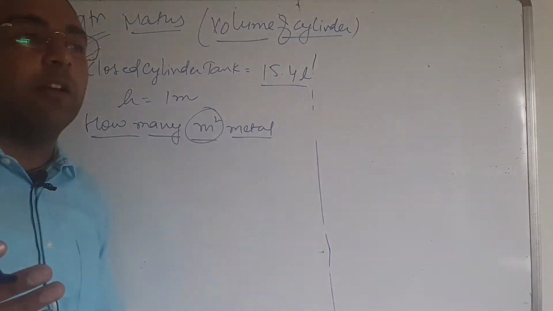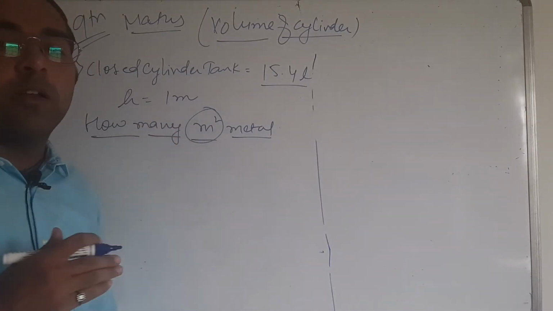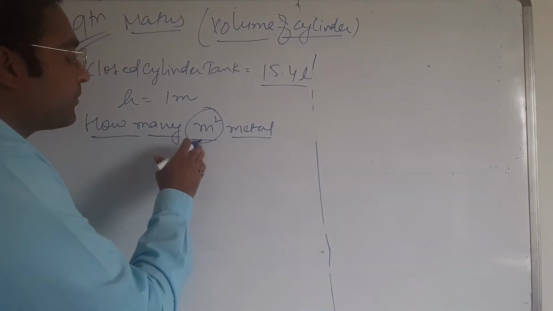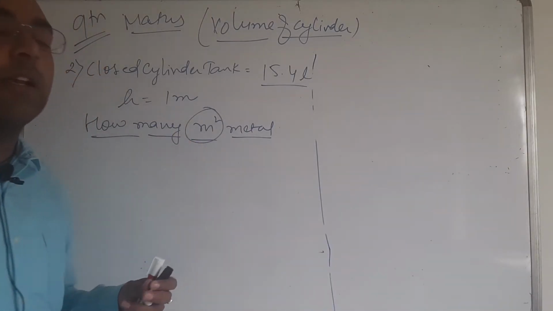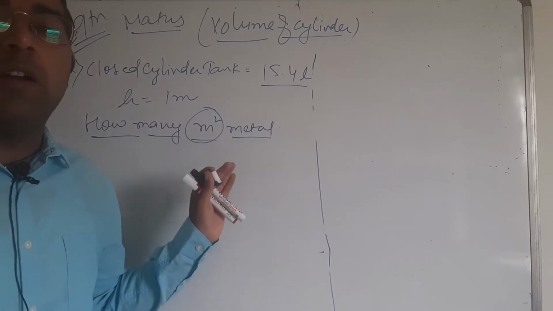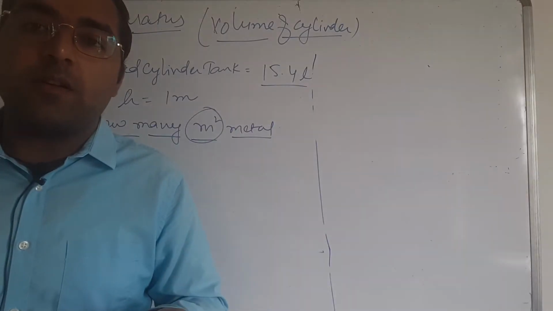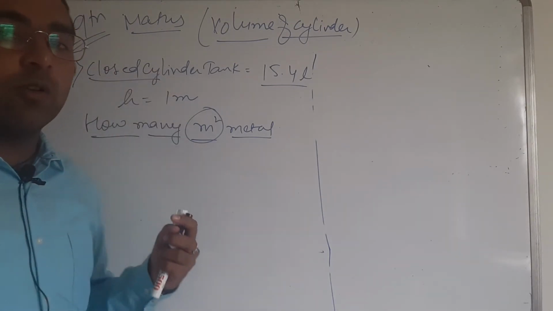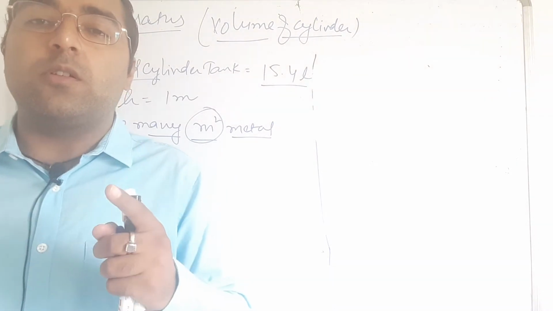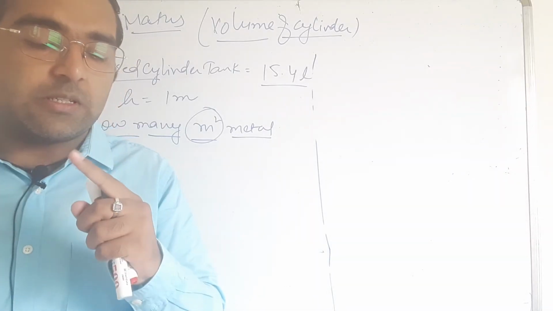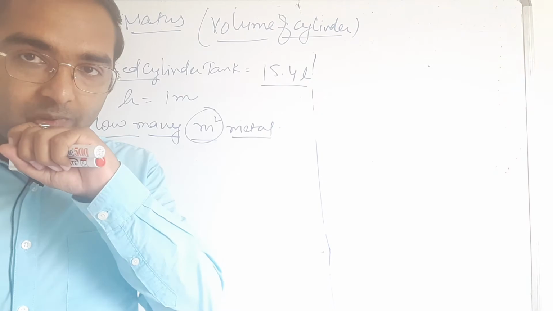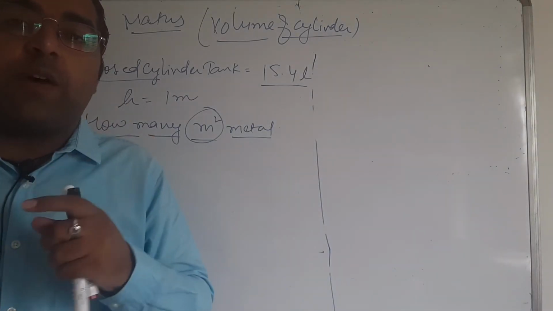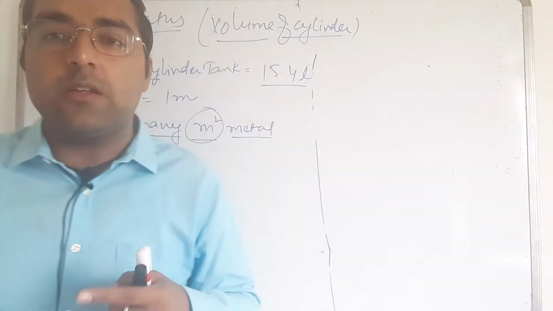So we know that whenever we have to find meter square, that means we have to find surface area. But which surface area? Closed surface area or total surface area? Here my cylinder is a closed cylinder, therefore we have to find the total surface area of the cylinder.